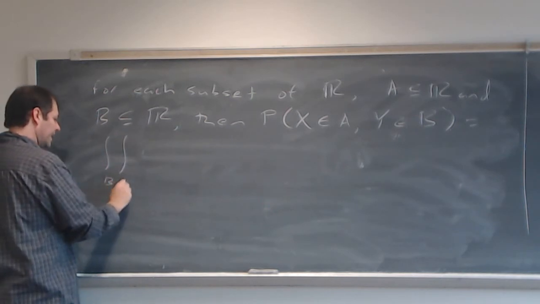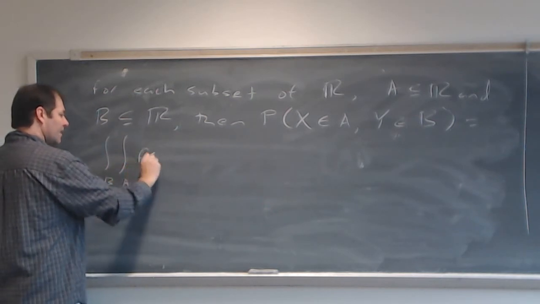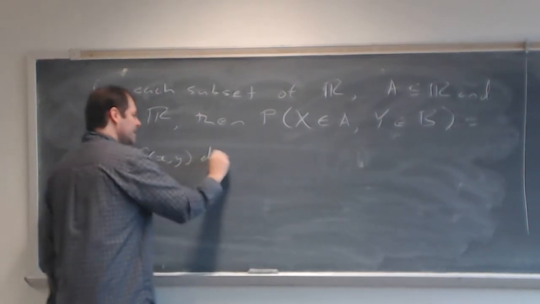So it's the integral over B, integral over A of f of x comma y dx dy.